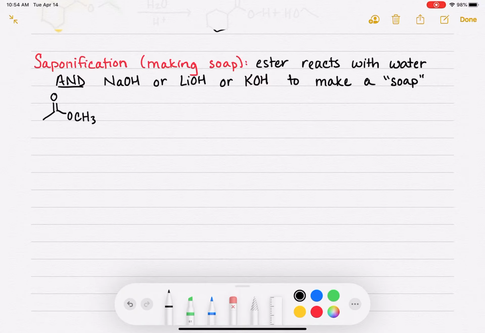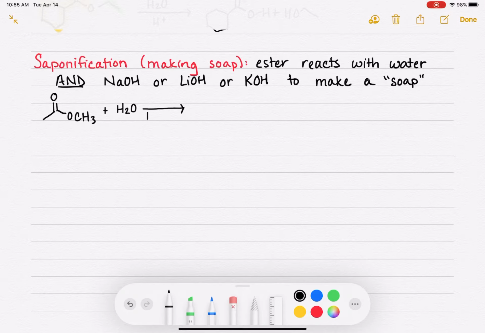So this is ester plus water, so we've got our plus H2O, and then this time with our catalyst under the arrow, we're not going to have sulfuric acid, H2SO4, we're not going to have H+, nothing like that. We're going to have our strong base, NaOH, LiOH, or KOH.